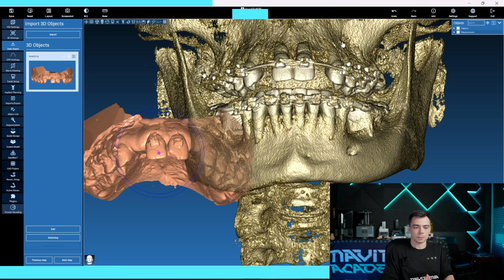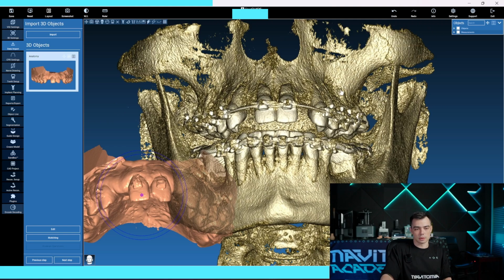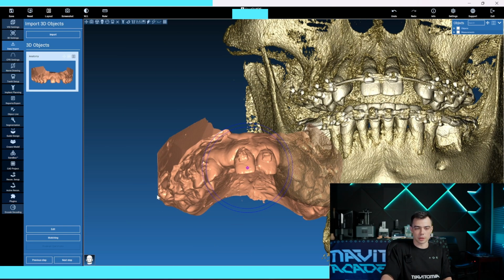What I mean is that CT scans and dental impressions or dental scans have to be made ideally on the same day. Okay if they are made within 3 days, and it is not acceptable that they are made within a week or even 2 weeks.